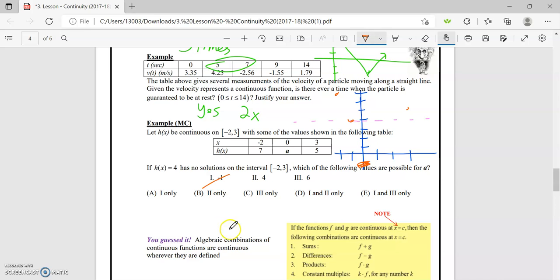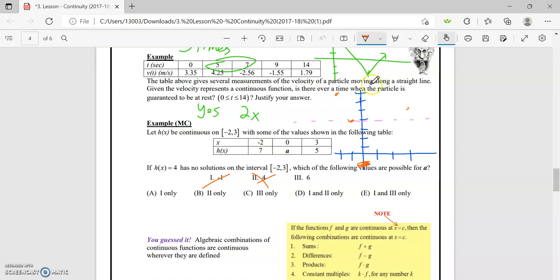-1 doesn't work. This 4, I believe, actually that should be -4, but no matter what, whether it's -4, because that's even worse than -1, I still have to cross it. But even if it's +4, it's still the same answer, because it's telling me right here, h of x equals 4 has no solution. Therefore, a cannot be 4. So no matter what, whether that was a positive or -4, it doesn't work.